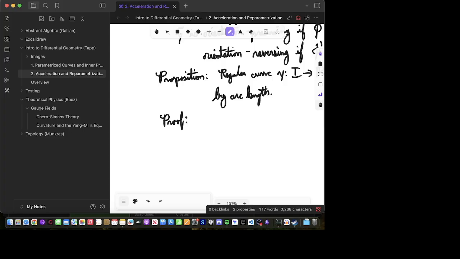So, a natural way to begin would be to consider the arc length function. So, this is our arc length function, as you might recall from the first video.